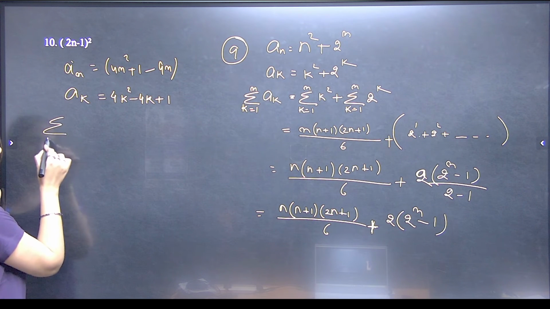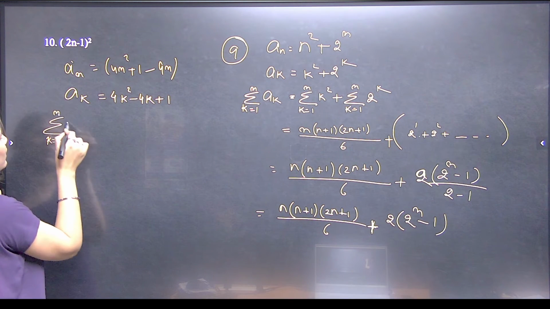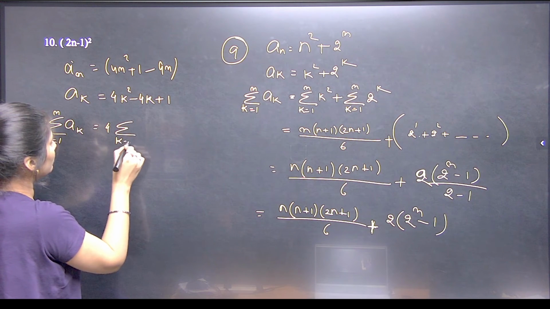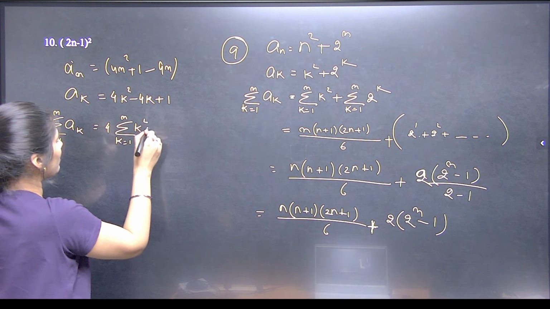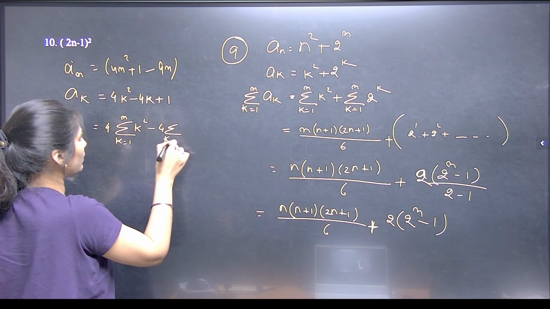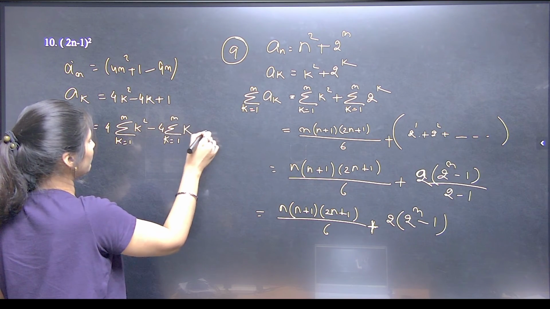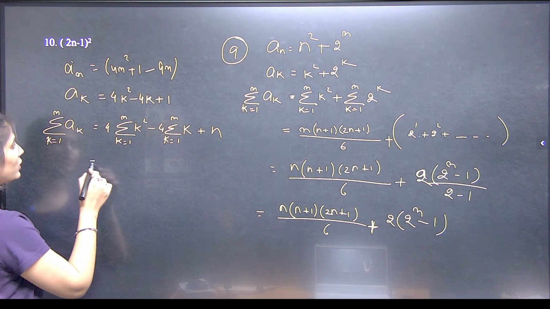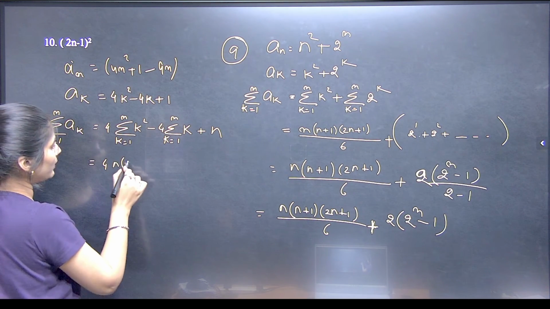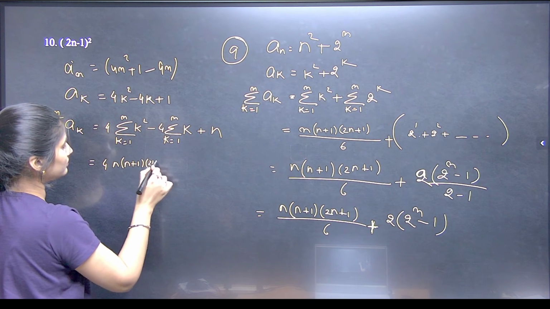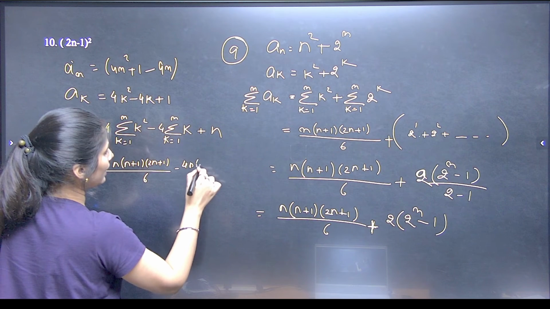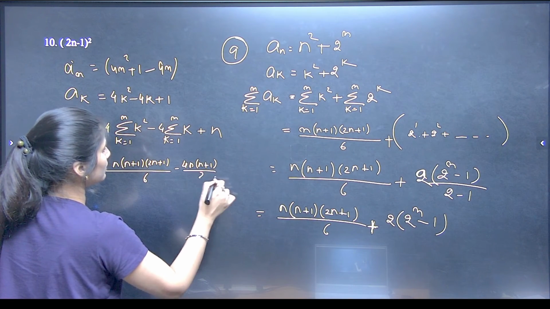Now if I put the summation k equal to 1 to n, a_k is equal to 4 summation k equal to 1 to n of k square minus 4 summation k equal to 1 to n of k, and then we have n on putting the summation. So it is 4 n(n plus 1)(2n plus 1) by 6, minus 4 n(n plus 1) by 2, plus n.